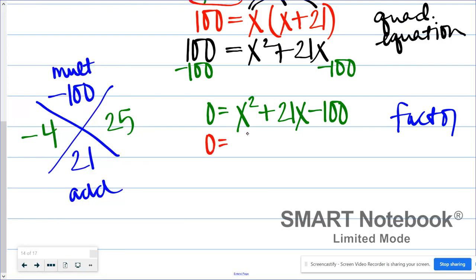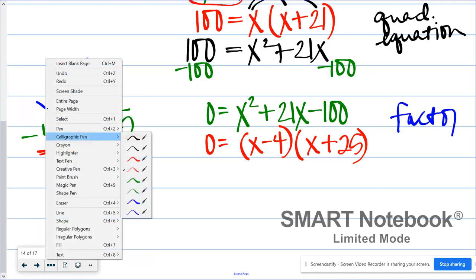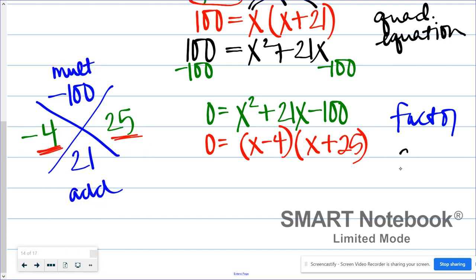Okay, so now I can write out my factored form, right? One of my factors is going to be x minus 4, because of this one. And the other factor is going to be x plus 25, because positive 25 was one of my factors, okay? And then here I want to do something called the zero product property, ZPP.